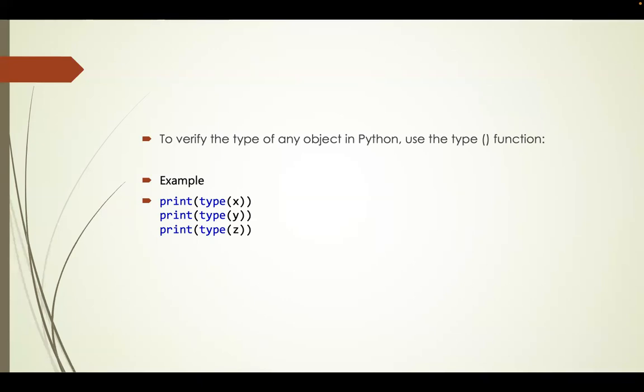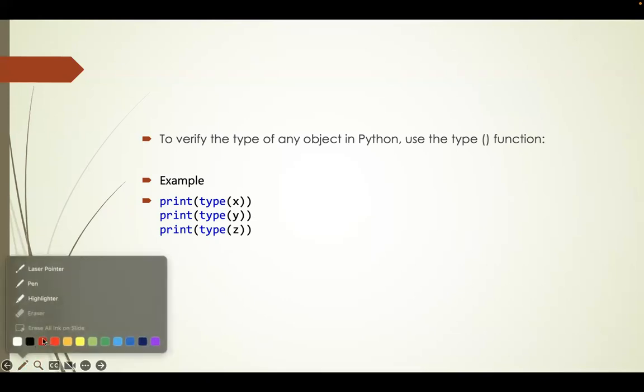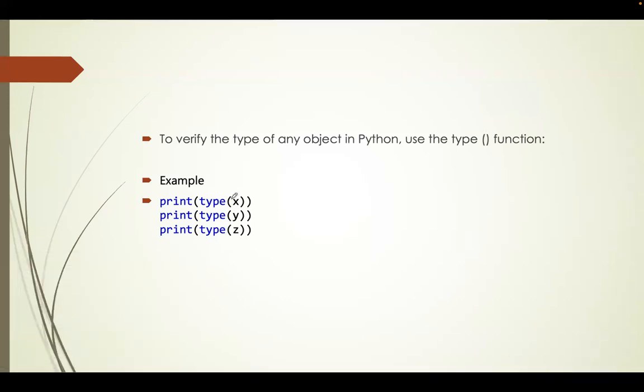So you say print type, then the value you want to know. So this is a way to know. We use this a lot. I think I did it with you at length. If you were not in the class then, I would encourage you to check the previous videos.